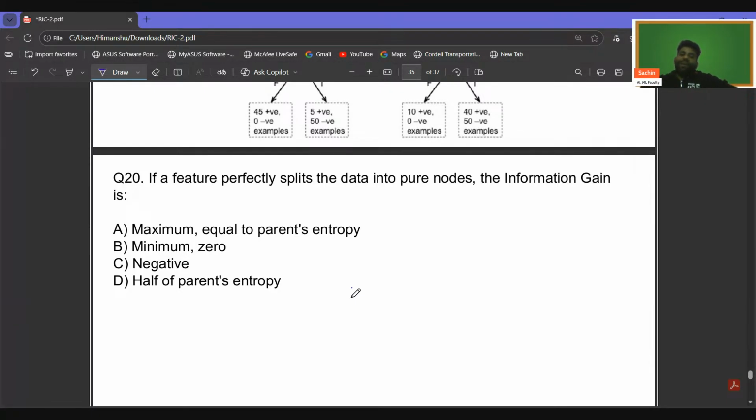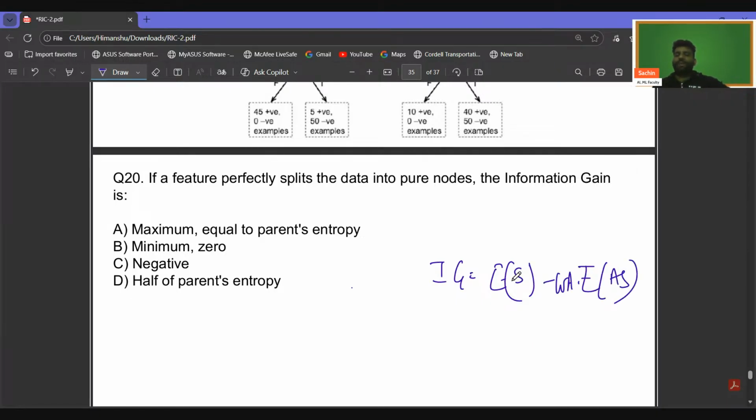If we could split the features into pure nodes, I hope you know the formula: IG equals entropy before splitting minus the weighted average of the entropy after splitting.